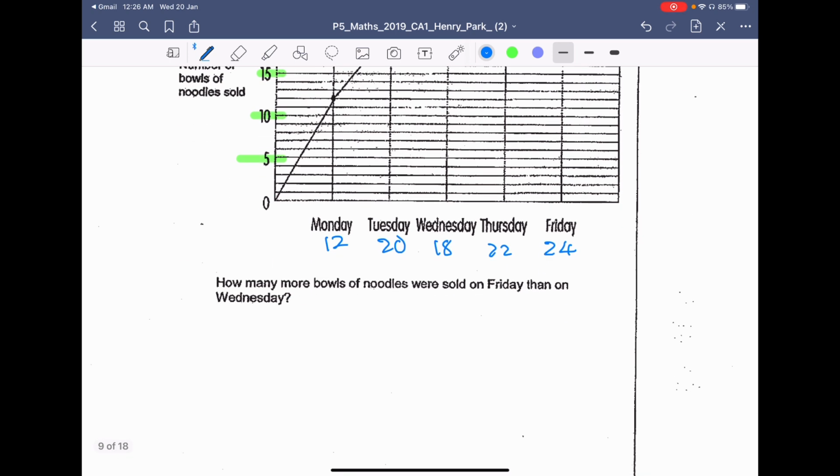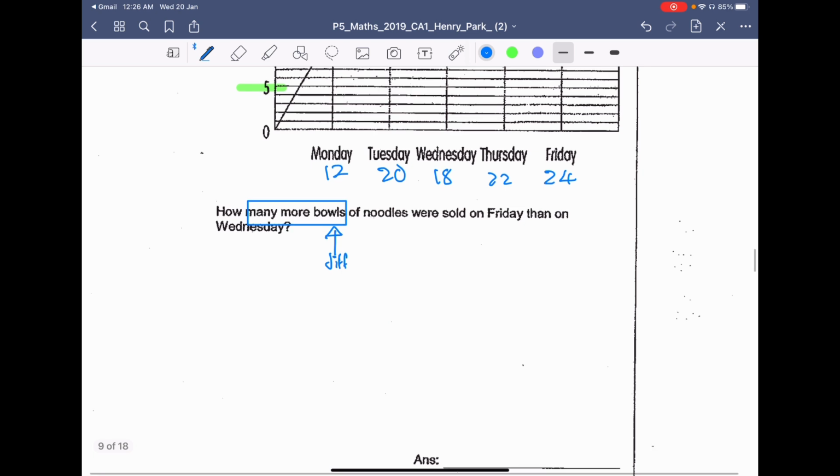How many more bowls of noodles were sold on Friday than on Wednesday? So when the question asks you how many more, they're asking you to find the difference. So you will basically take the larger value minus the smaller value.